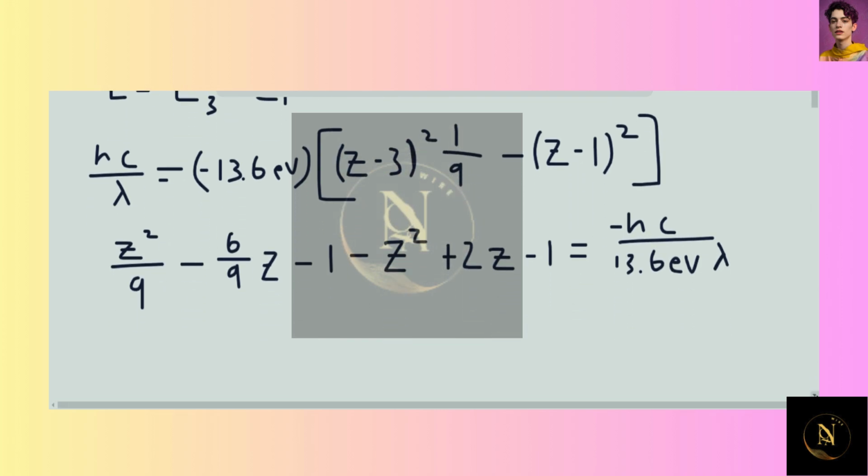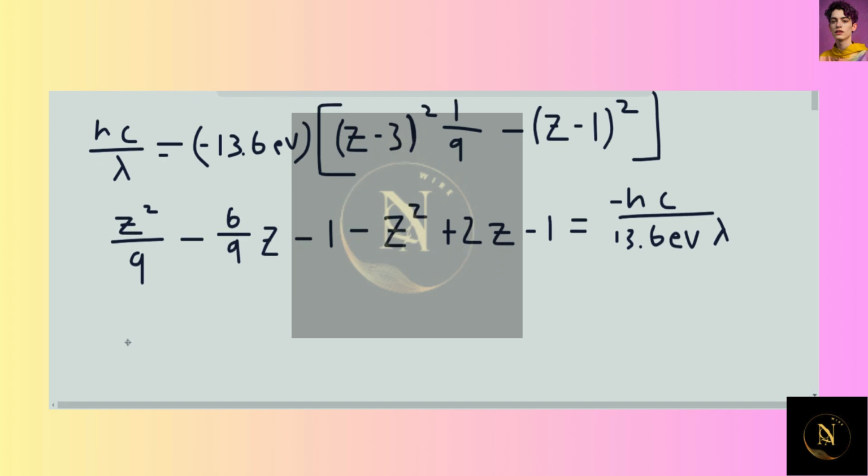Now we can simplify a little bit. Z squared over 9 minus z squared gives us negative 8/9 z squared. Then negative 6/9 z plus 2z gives us positive 8/3 z.